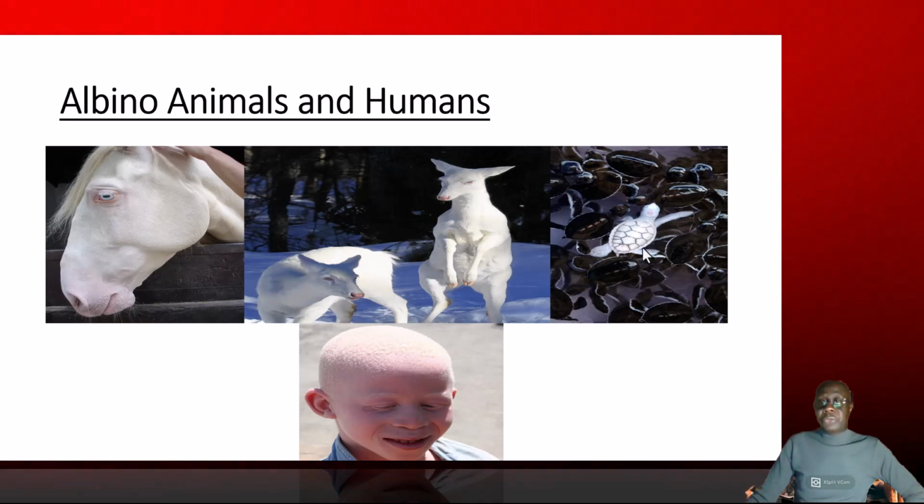So if you lose your camouflage and you cannot hide anymore, you will be visible, you will be easy to pick out, and you will be eaten. That is why it is very rare to see albino animals in the wild, because they are vulnerable, they cannot hide, they are too visible, and they are picked up easily and eaten.